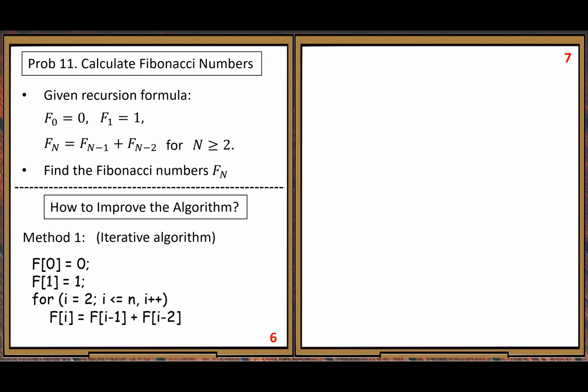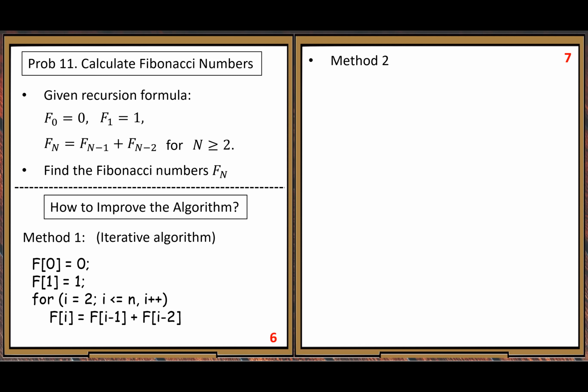Each Fibonacci number is only calculated once. So this method should be much faster than the previous one. Redundancy eliminated.